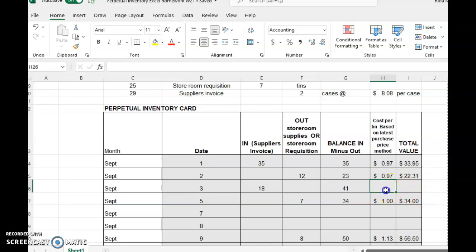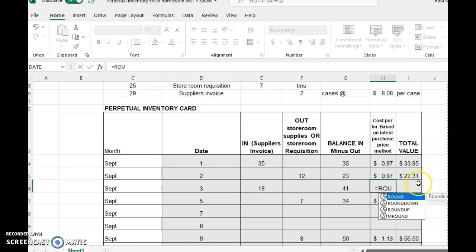So we would use the round up formula. We put equals ROUNDUP, because we want it to go up, and then we put 5.99 divided by 6, and we want it rounded to 2 decimal places, since we had 0.99 when we did that.